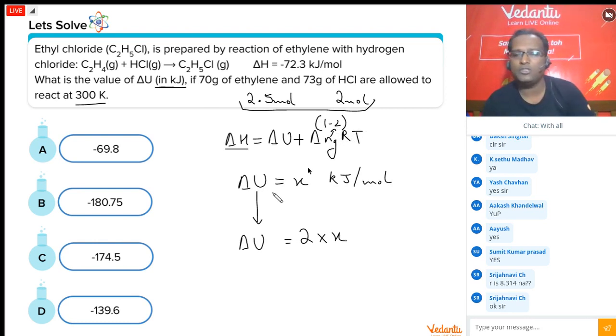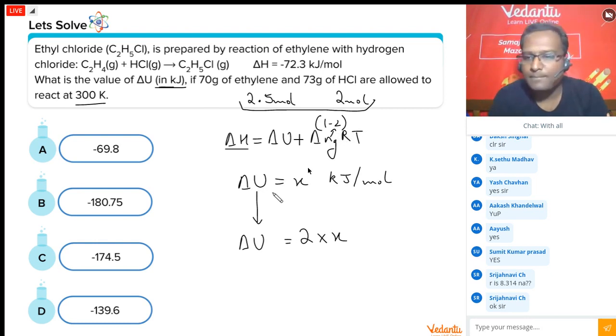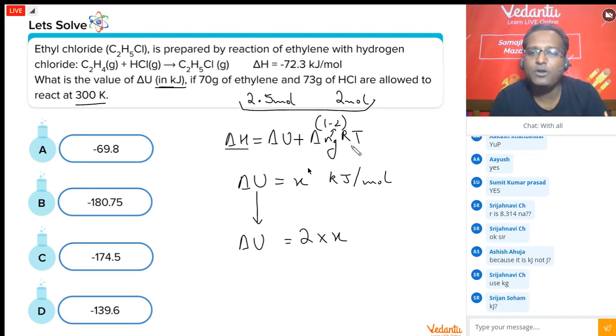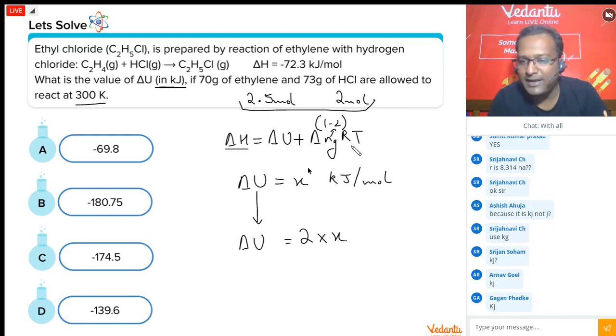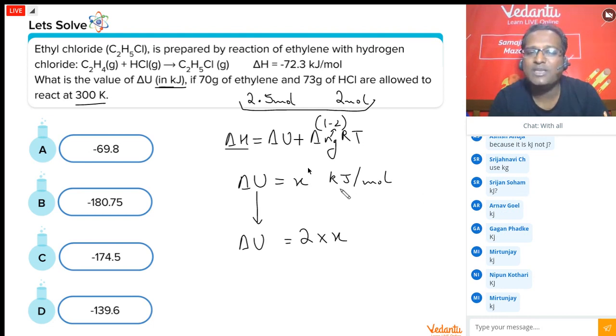Why? What was wrong in my statement? Substitute T as 300, R as 8.314. Absolutely correct, Srijan. Absolutely correct, Ashish. Because delta H was given in kilojoules and delta Ng RT will come in joules.